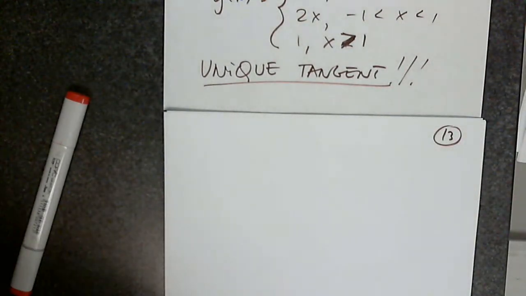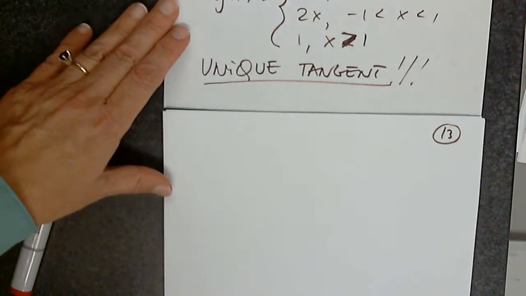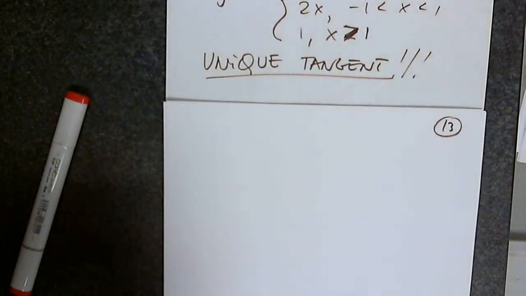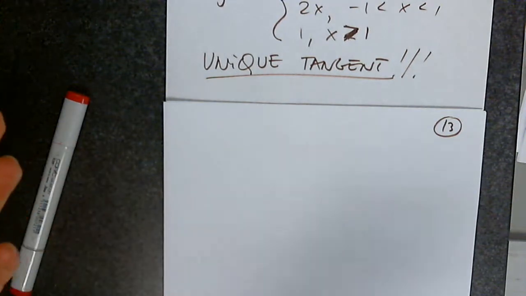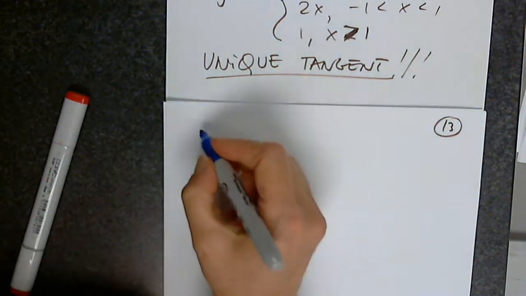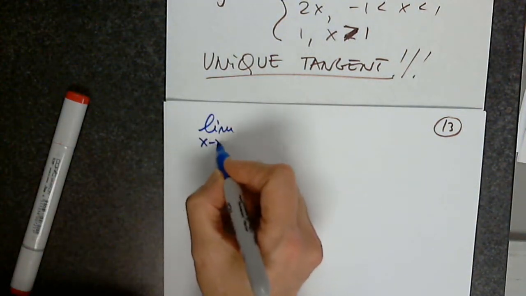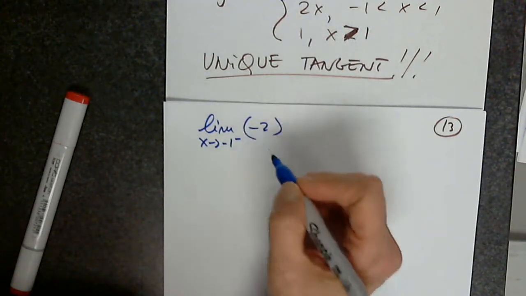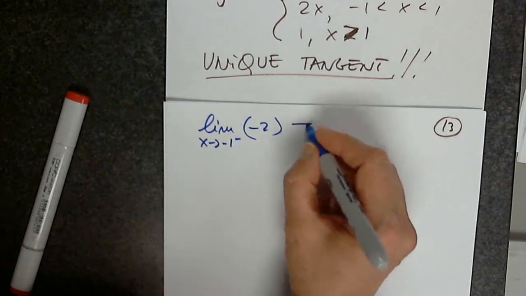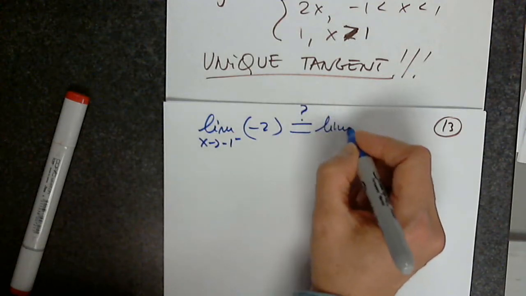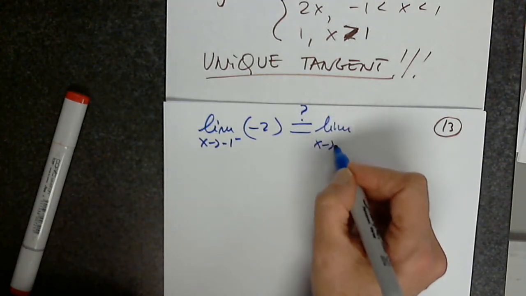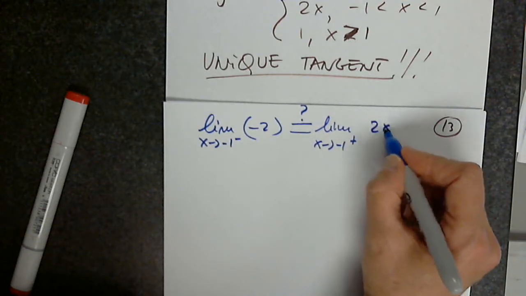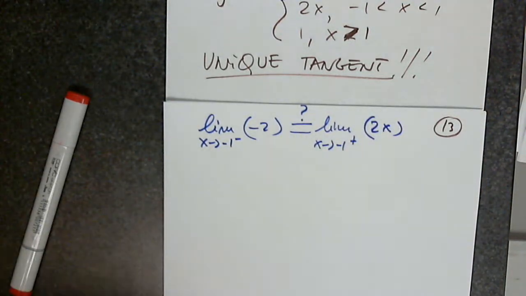So what is the derivative again? A limit, right? Good. So the limit from the left at negative 1 of negative 2 must equal the limit as x approaches negative 1 from the right of 2x, for g to be differentiable at negative 1.